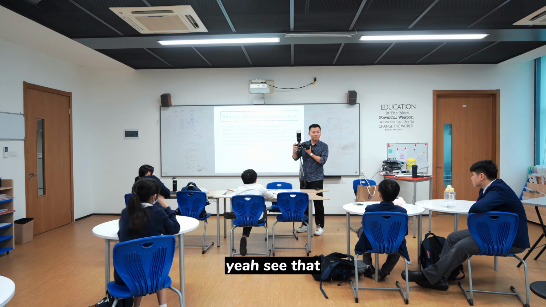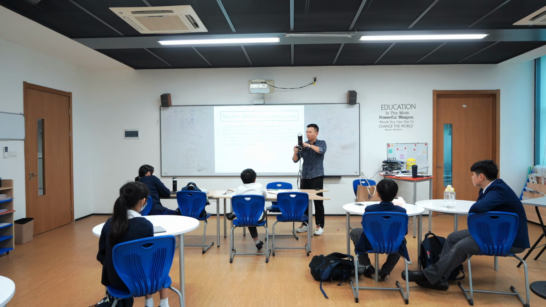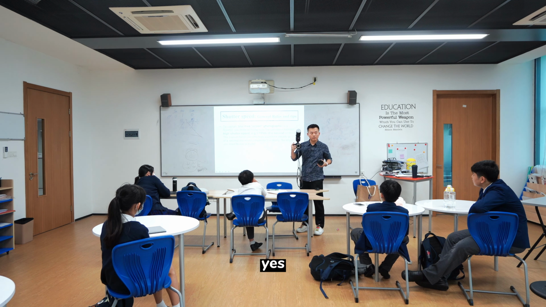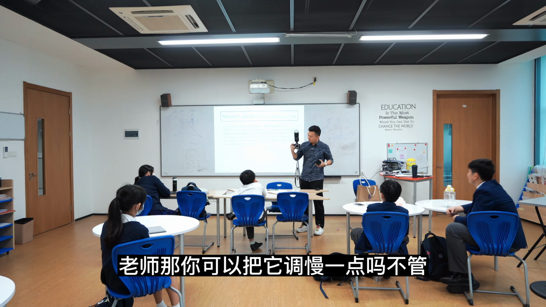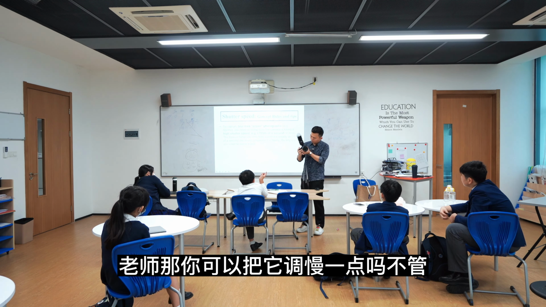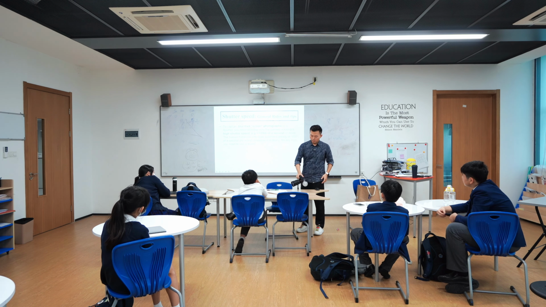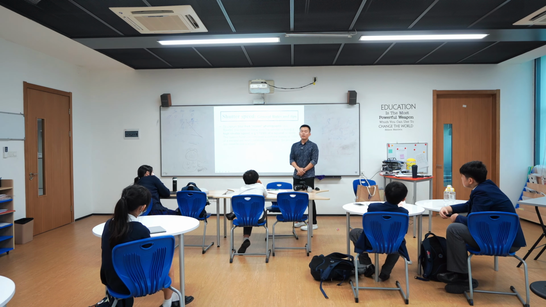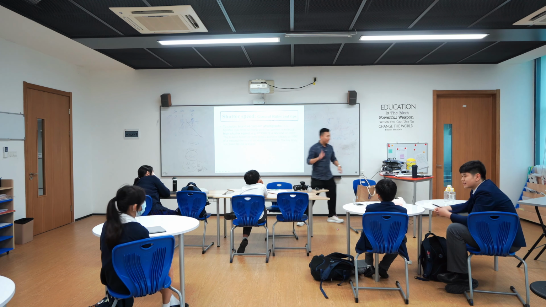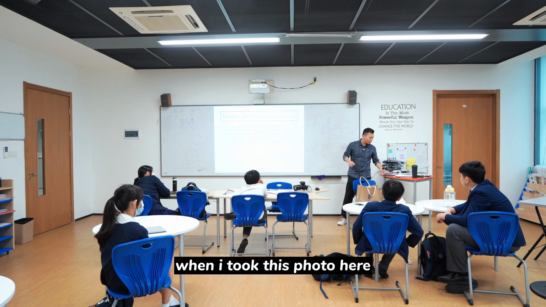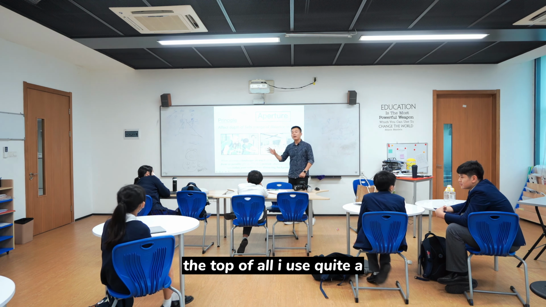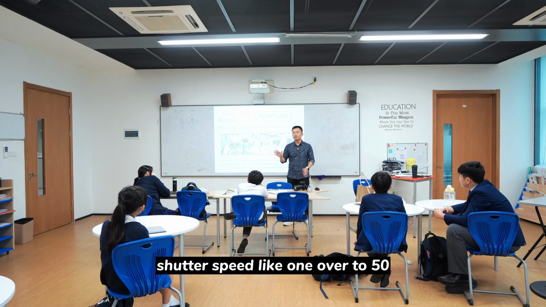Yeah, see that? That's the flash. It's quite fast. Can you see that? So we can adjust the shutter speed. When I took this photo, the tug of war, I used quite a high shutter speed, like 1/250.